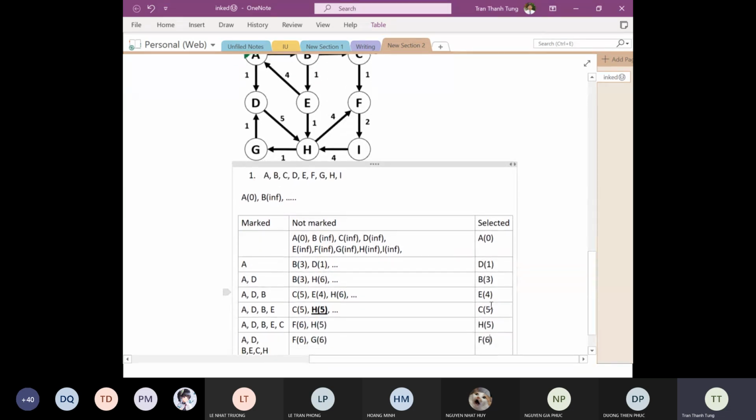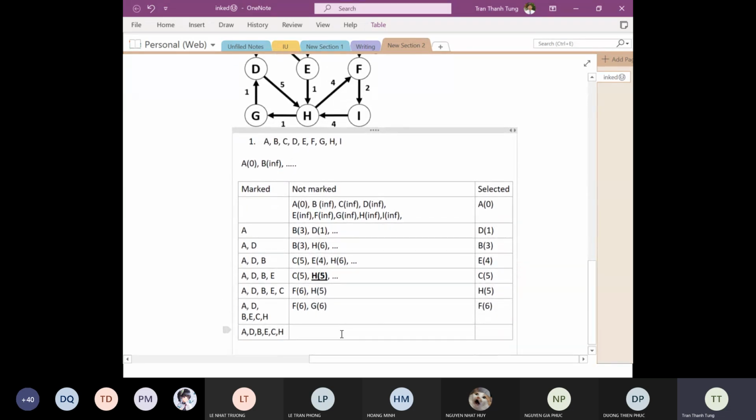Or F6, yeah. And then what we do, so F we have I is 6, 8, okay. And G, so we take G6, no thing.